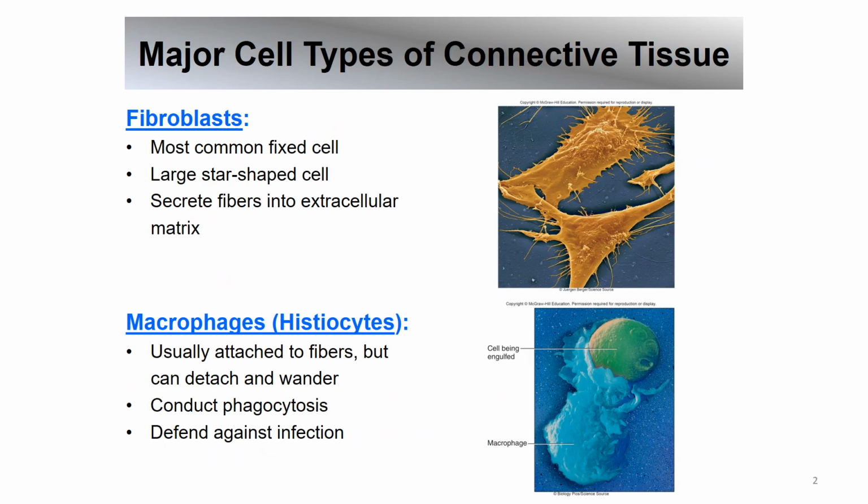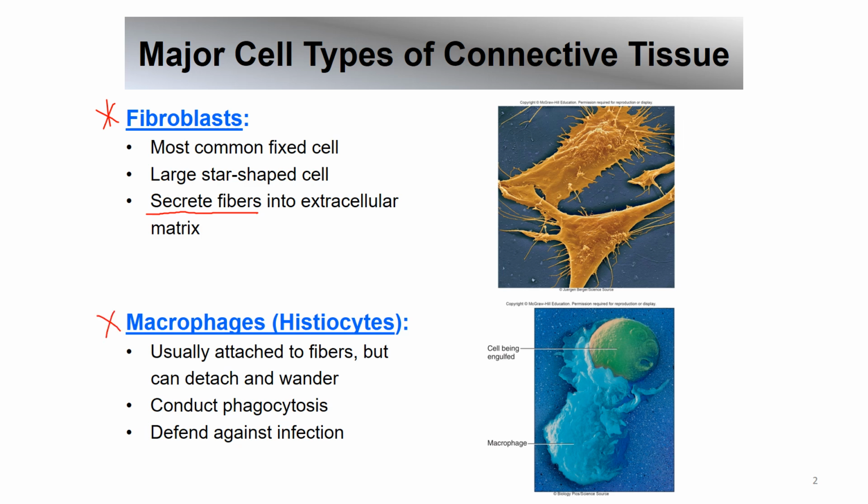The major cell types in connective tissue include fibroblasts. These are the most common fixed cell. They have a star shape. The important thing is that these make fibers. So these make those protein fibers. Also in connective tissues, macrophages can be found.